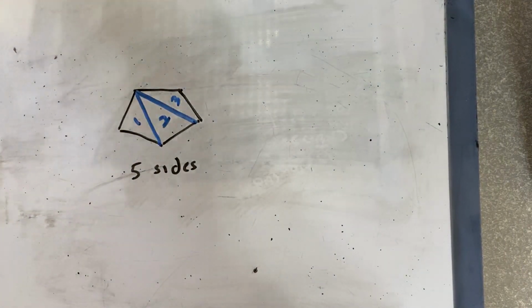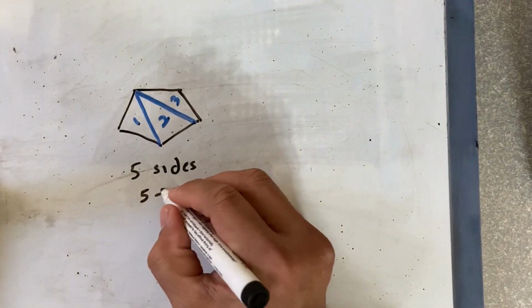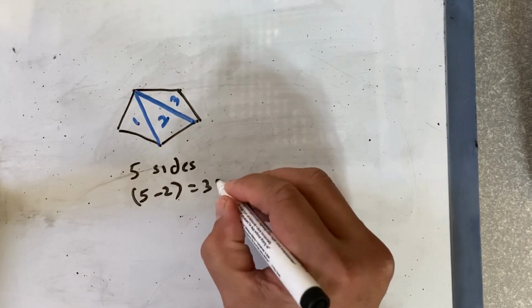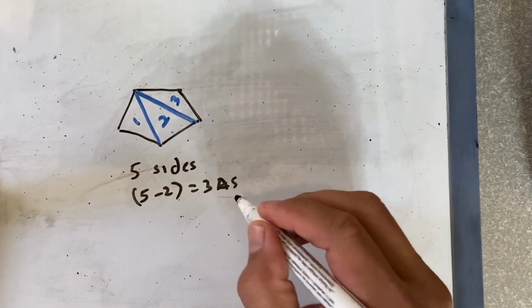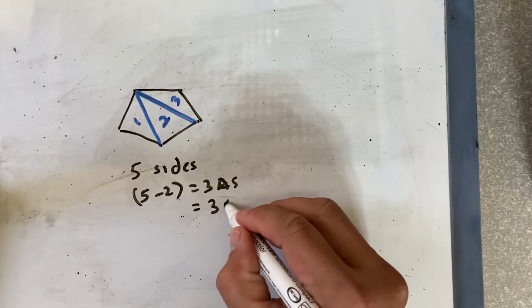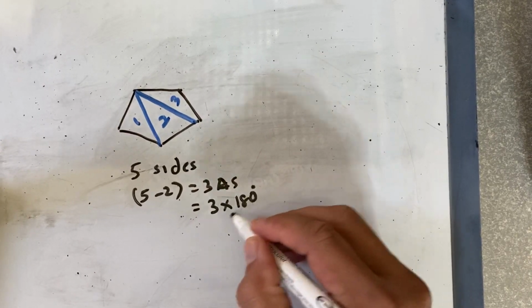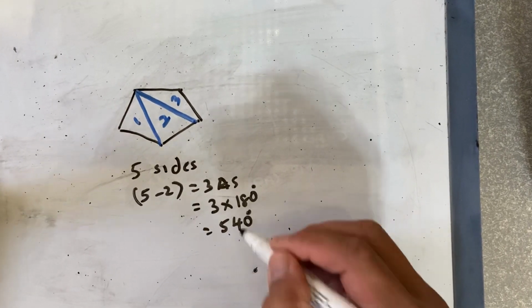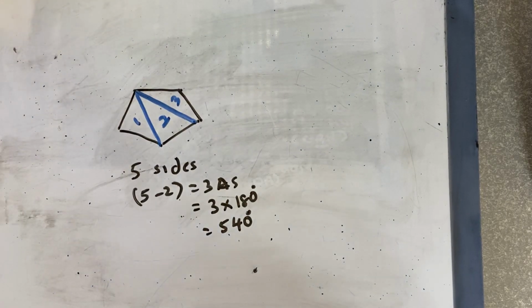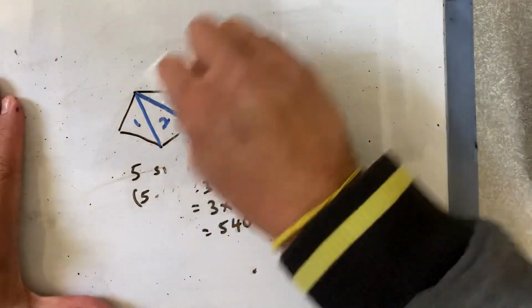The reason is that 5 minus 2 gives you 3 triangles. And each triangle is 180, so 3 times 180 gives you 540 degrees. So the rule for the first theorem is that the sum of the interior angles of a polygon will add up to n minus 2 times 180.